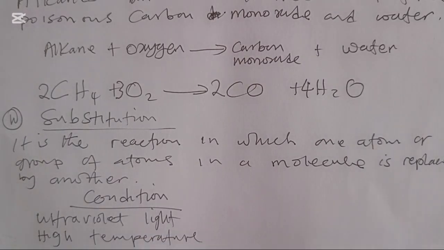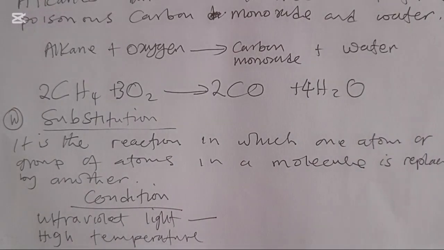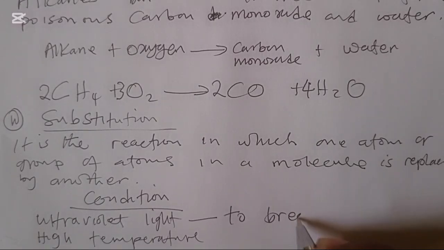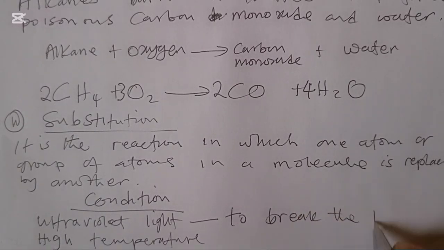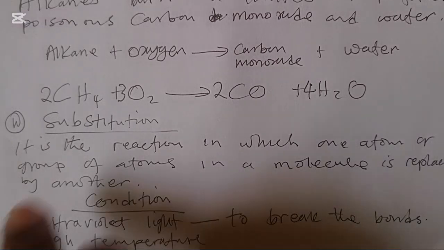So what is the purpose of light? The purpose of light intensity or ultraviolet is to break the bonds and then it will react. So now the products that we have when substitution reaction undergoes.